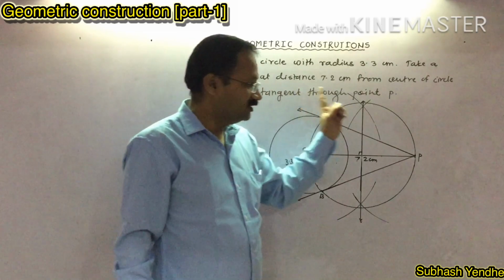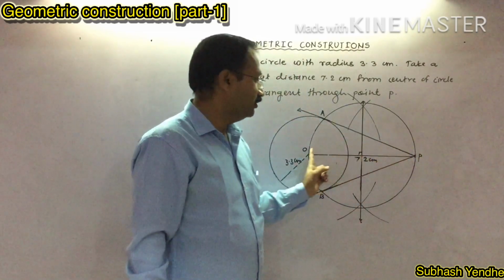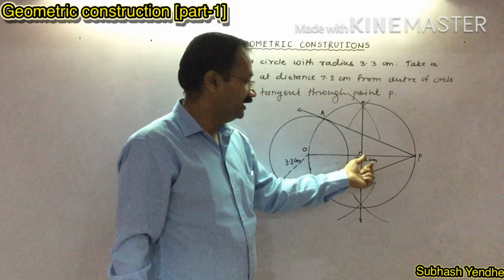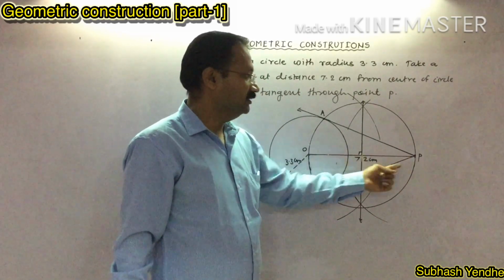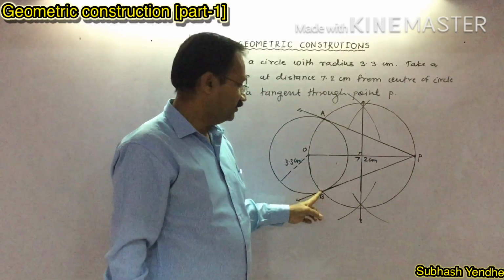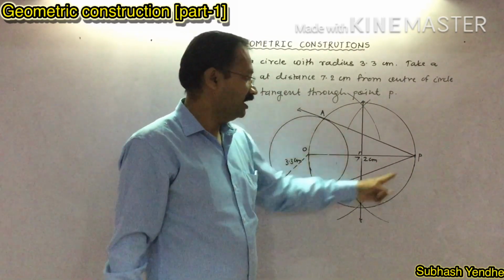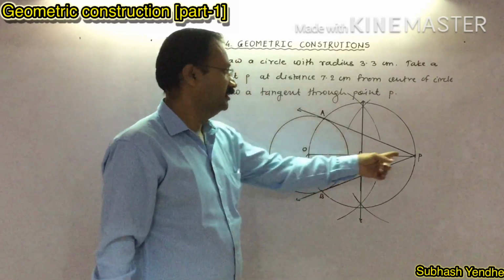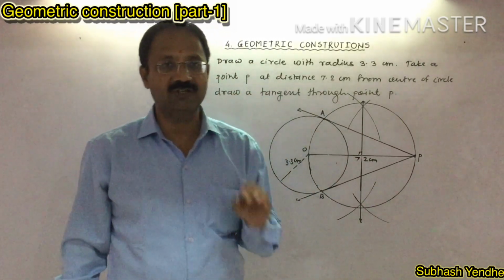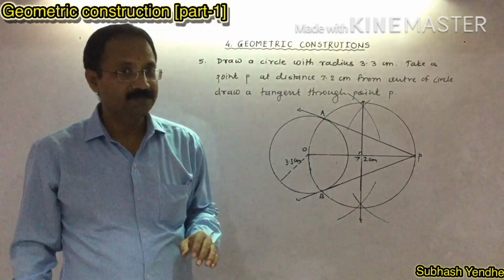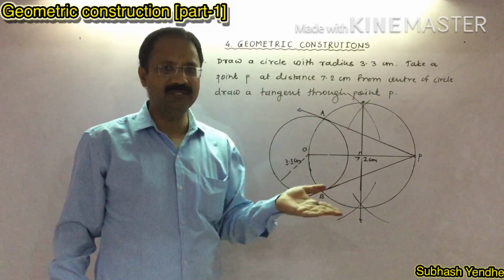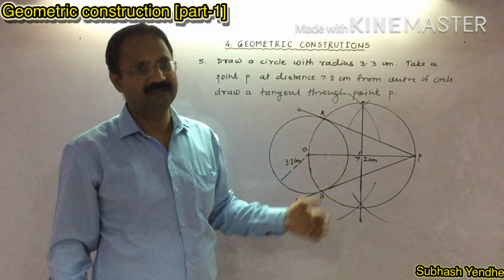And if the point lies outside the circle, then you have to draw the perpendicular bisector of that line first and then put the point here and draw another circle. Intersection of these two circles and that point, join it, then you will get the tangents. And without using the center of circle, what you have to do? You have to draw a triangle and from that you can draw the tangents. Thank you.